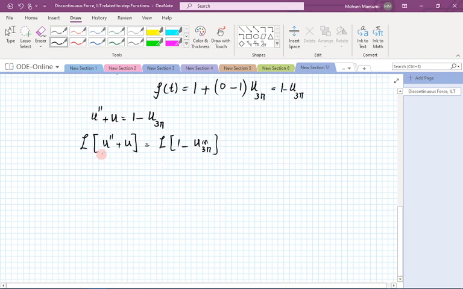You remember this breaks up, so Laplace transform of u double prime plus Laplace transform of u is equal to Laplace transform of 1 minus Laplace transform of u of 3 pi.